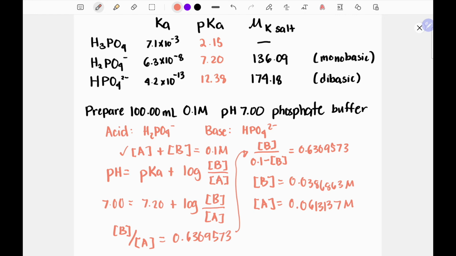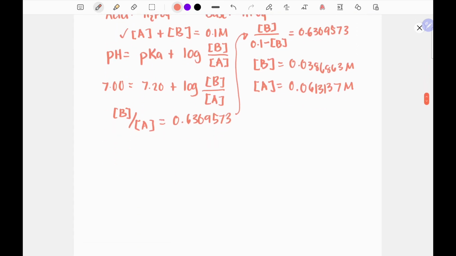Now that I have the molar concentrations of the acid and the conjugate base, I need to find the corresponding molar masses of the salts. So I have here the molar masses of the potassium salts, pure analytical grade reagents, which I can use for my buffer. For the acid, it's 136.09. For the base, it's 174.18. So the grams of acid should be 0.0613137 molar.